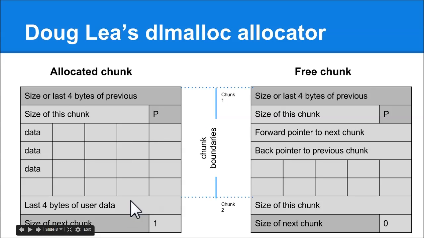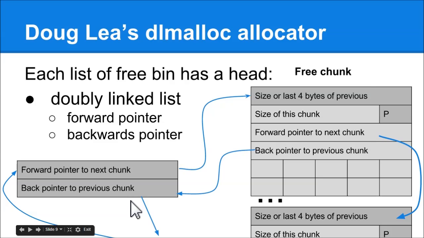So let's talk about the allocator, because that takes things from the free chunks, a doubly linked circular list, and unlinks one and provides it to the user to be operated with.